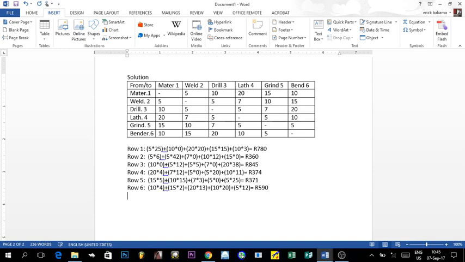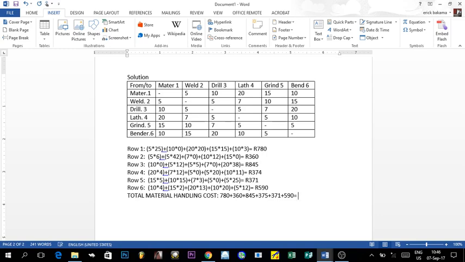Now what we need to do is the total material handling cost. So from here we just need to add all the values: 780 plus 360 plus 845 plus 375 plus 371 plus 590.